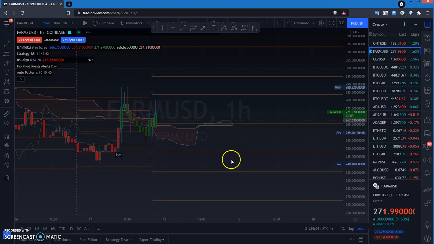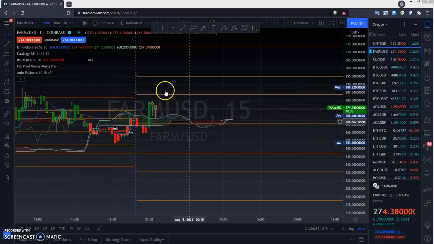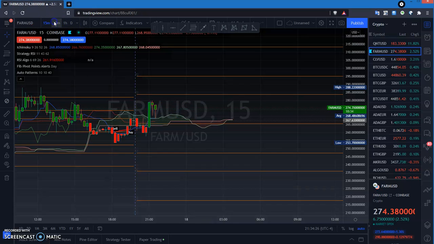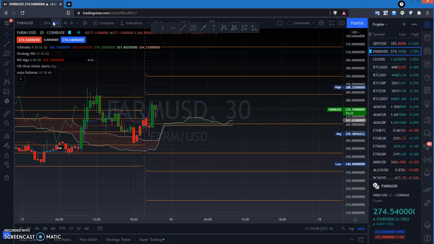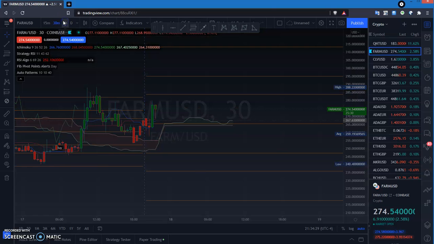is the fact that it's looking like it has good support. What's going on with my computer? Looking like it has good support on, let me pause this, on the 15. I'm surprised to see that, actually. That is a surprise.